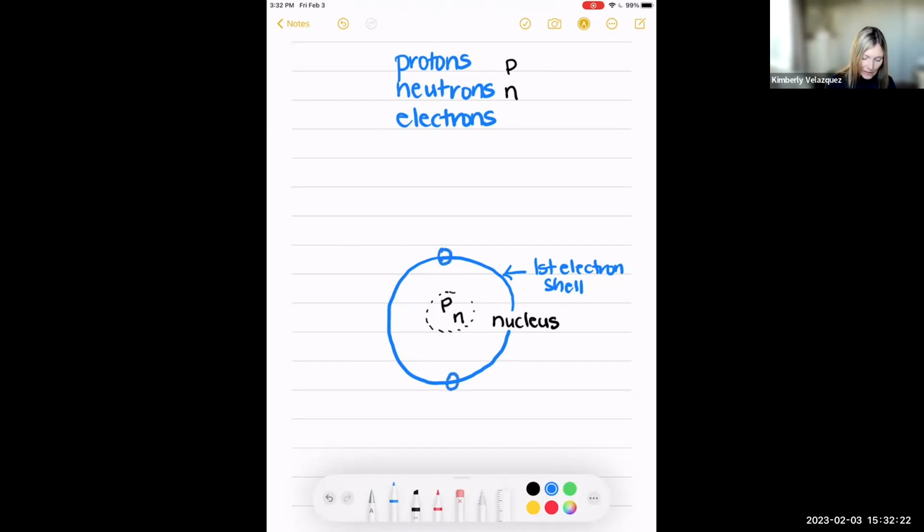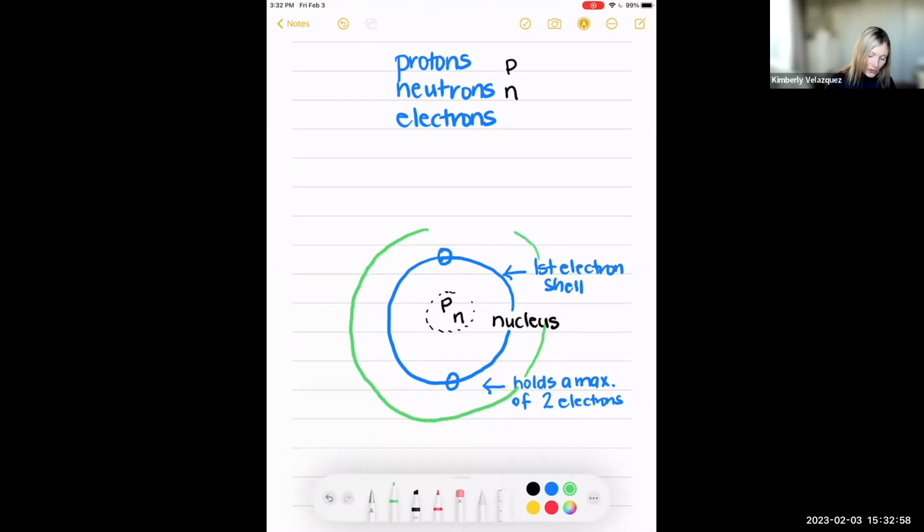So there are spaces here for 2 electrons to exist in that shell. So that first electron shell holds a maximum of 2 electrons. If an atom has more than 2 electrons, which we'll show in a minute how to determine, they start filling the second electron shell.